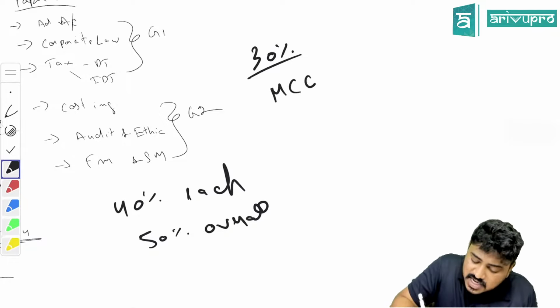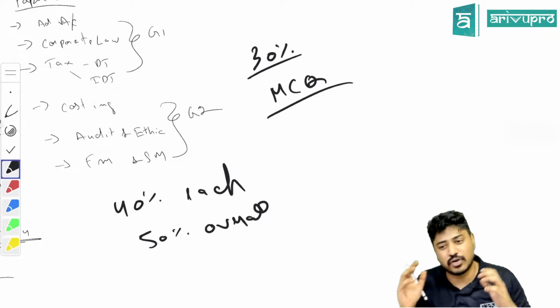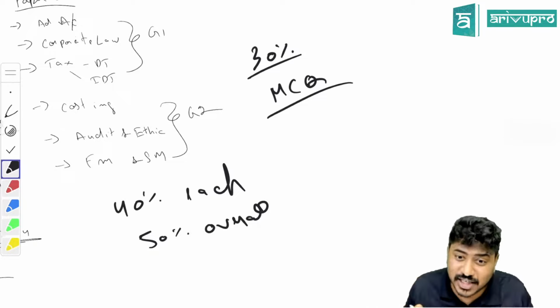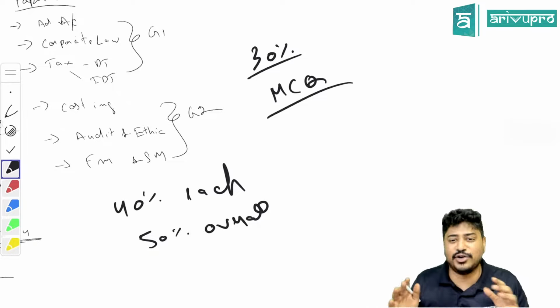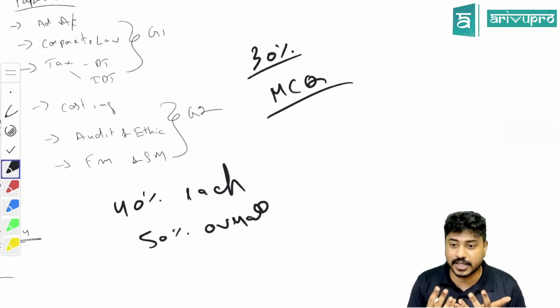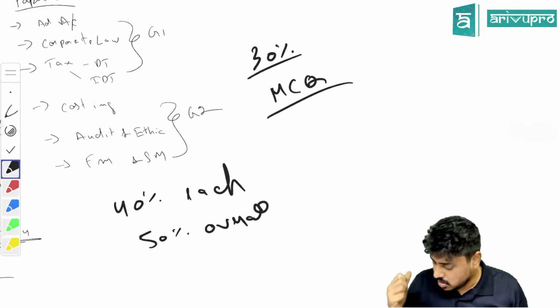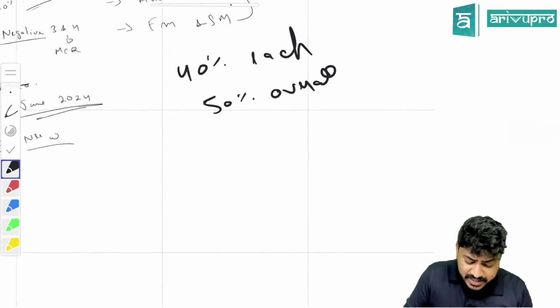Case study based objective questions they have implemented for CA Inter as well as for final. Are we clear? That is a major change. So all the papers are going to get 30% MCQ. So it is going to be more objective, and results are going to be more objective in nature, right? That is a very good benefit for the students. Are we clear on it? Now, eligibility criteria.